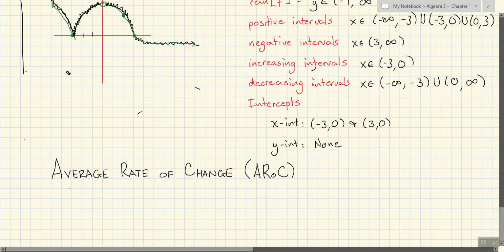So all that we're going to say for this one, we're going to take a mathy view on this. We're going to say it is simply the slope between two specific points on a graph.